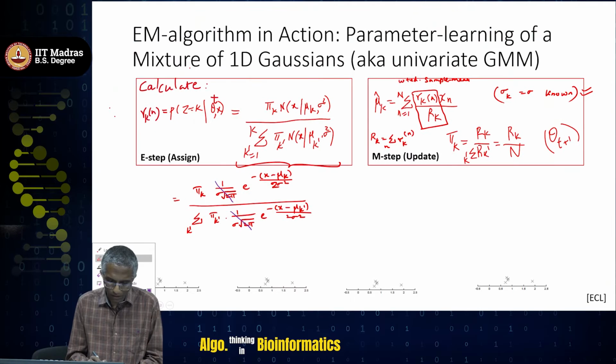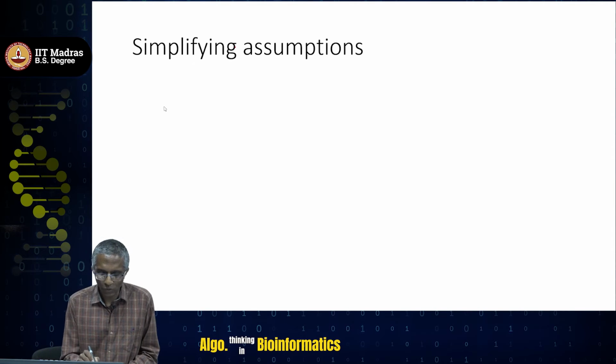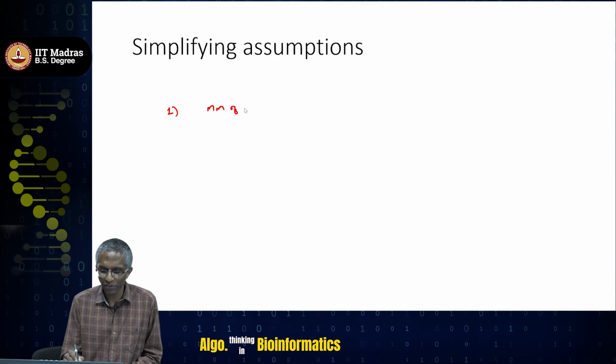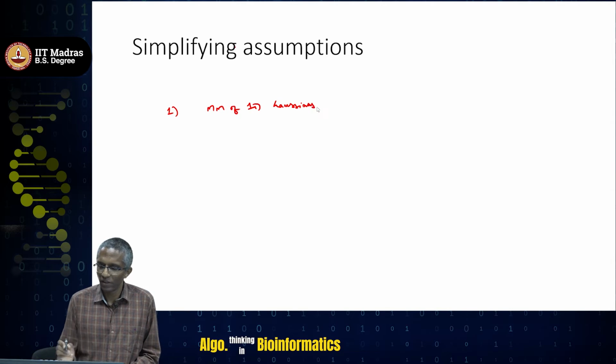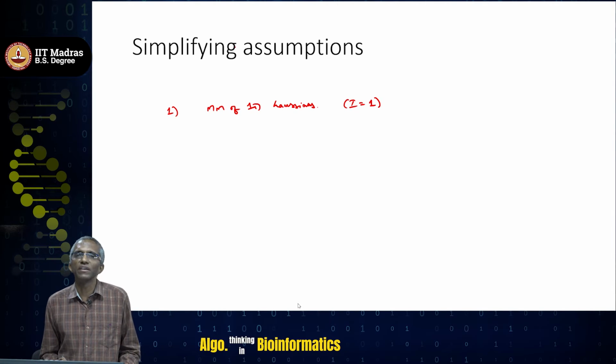Okay. Another simplification we are going to do is the following. Let us take stock of all the simplifying assumptions we have made, and then maybe add a few more also. One of the simplifying assumptions we have made is that we are going to look at a mixture model of 1D Gaussians, and so that really means that the dimension over which our data points are is I equal to 1.